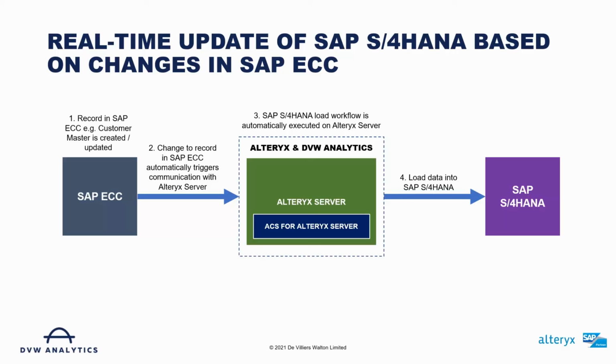So the data's changed or created, and within SAP we trigger from that change a communication with our Alteryx server. Alteryx server receives that communication from the SAP ECC system, says run the workflow, and automatically runs that particular workflow.